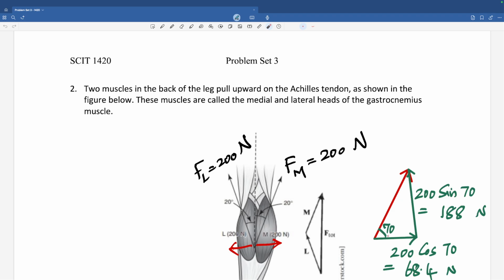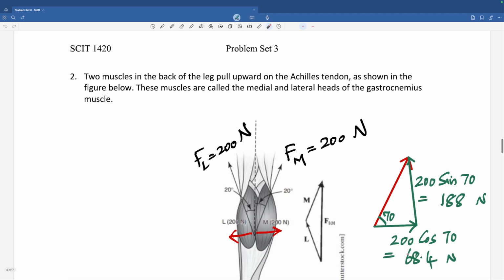So enter that into your calculator. Now make sure that your calculator is in the degree mode. Otherwise, you won't get the same numbers. So go ahead and enter 200 times cosine of 70. You're going to get 68.4 newtons.